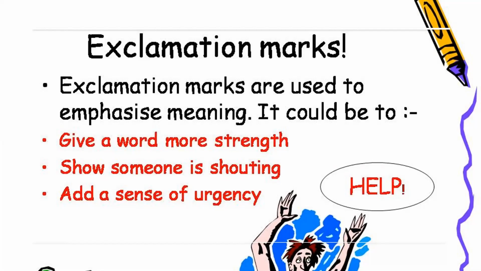They give more emphasis to the sentence, or they show a sudden emotion, a sense of urgency, to express a sudden emotion such as surprise, praise, wonder, joy, sorrow. In these kinds of exclamatory sentences, we use an exclamation mark at the end. You all know that. Sometimes we also use an exclamation mark after an imperative sentence.